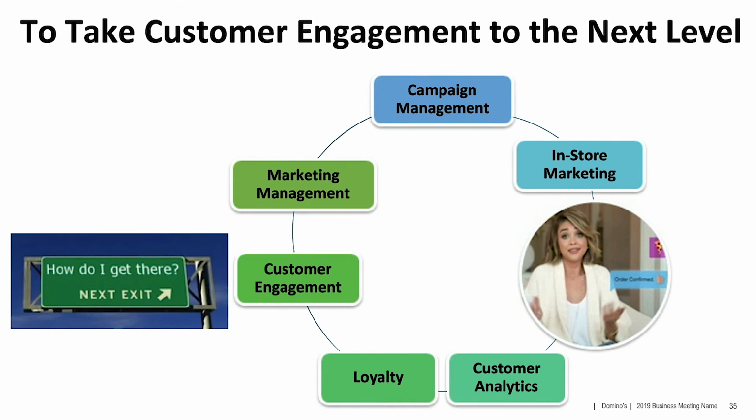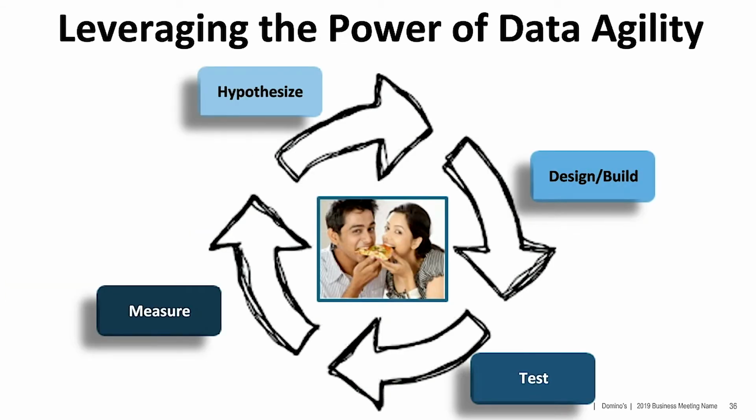So where we landed was we needed to be able to take an iterative, experimental approach to a lot of our segmentation and our marketing efforts and our communications out to our customers.